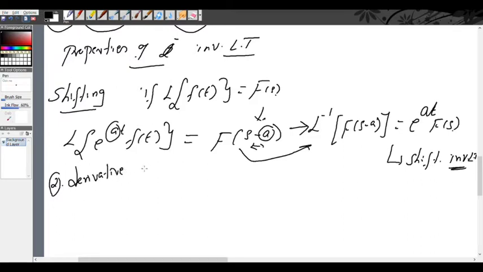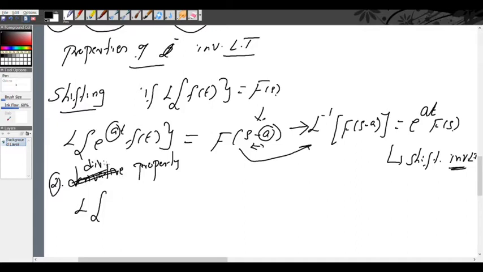The second one is, sorry, this is not the derivative property, this is the divisional property.